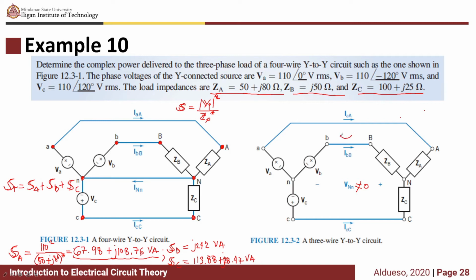We have mesh current I1 right here, then mesh current I2.